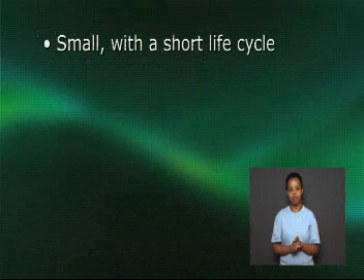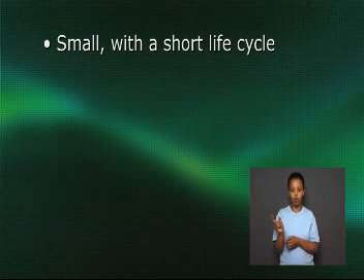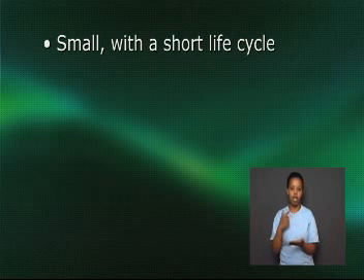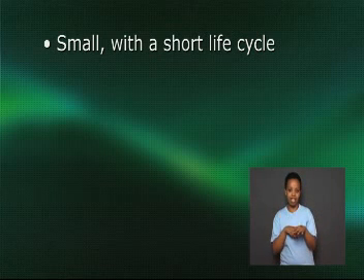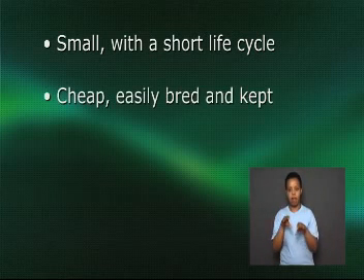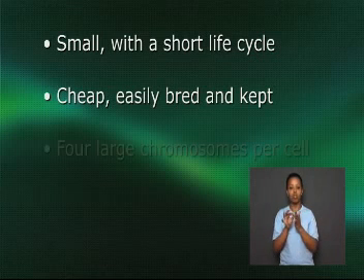Hello once more. Let us compare our answers. Fruit flies are small animals with a short life cycle. This allows scientists to study many generations in a short period of time. They are cheaply and easily bred and kept in large numbers.